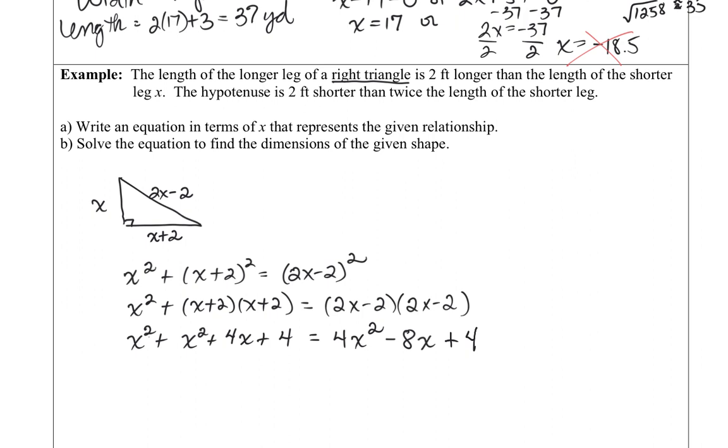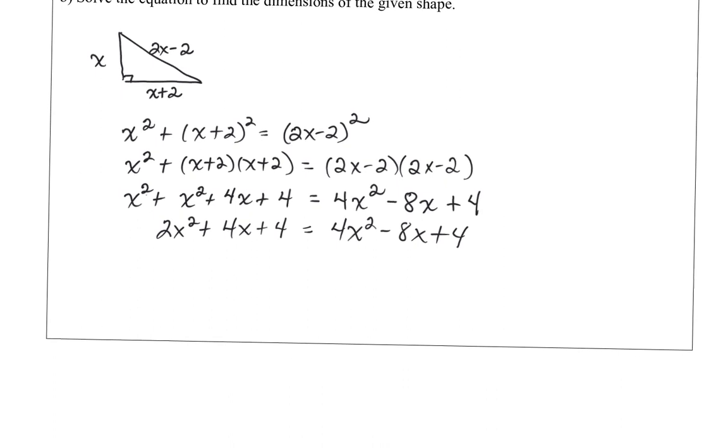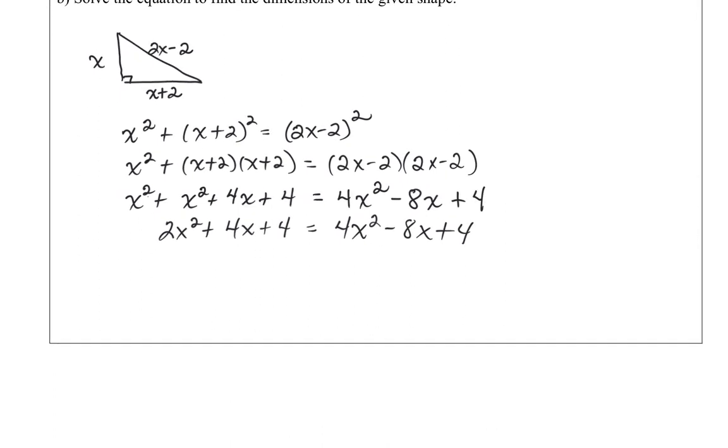So now, if I combine like terms, I've got 2x squared plus 4x plus 4 equals 4x squared minus 8x plus 4. Okay, so I'm looking at a quadratic equation that I need to solve. I'm going to subtract each of these over here, because I want that leading coefficient to be positive.